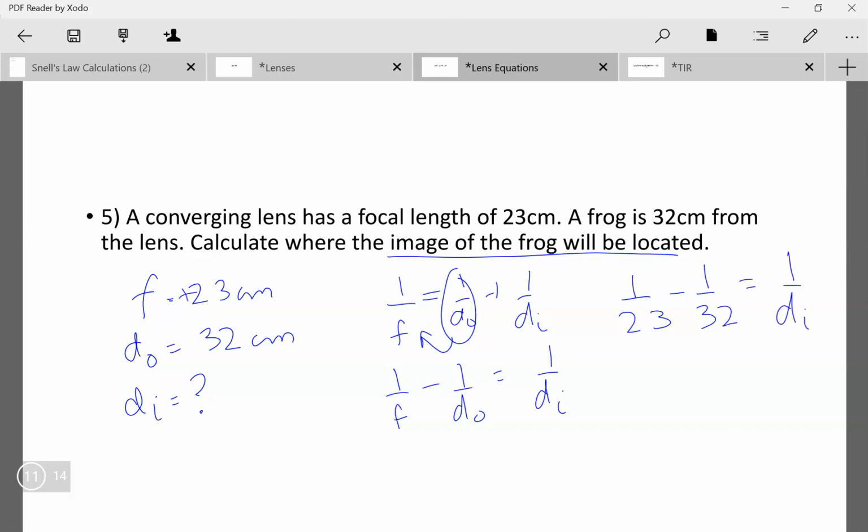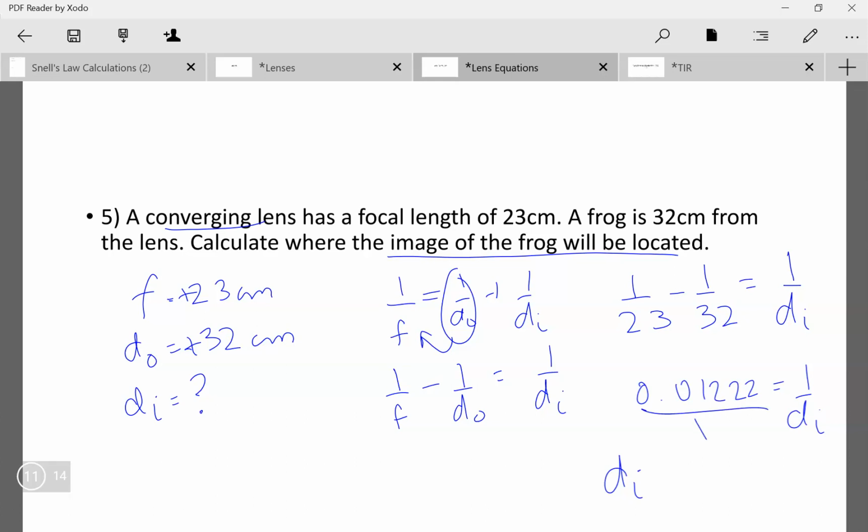Again, 23 is positive because it's a converging lens. Do is positive because it's always positive. So again, I'm going to put 1 divided by 23 minus 1 divided by 32 right in my calculator, and I can get 0.01222 equals 1 over di. And to find di, I take the inverse.